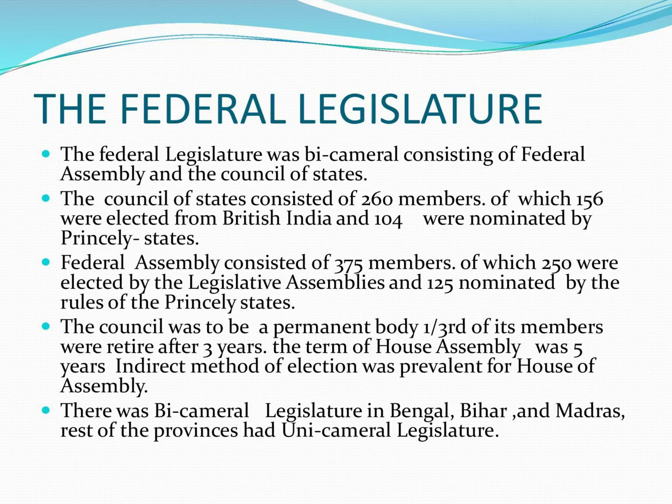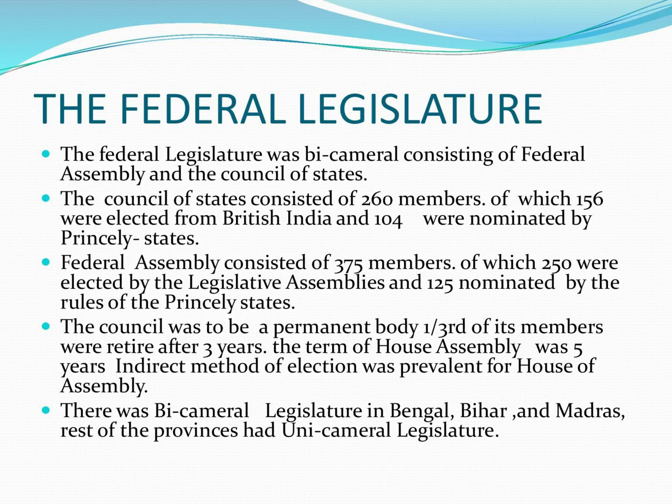So here this act laid down the functioning of these two houses: the Federal Assembly and the Council of State. The Council of State is permanent. Its term is not fixed, because one-third of the members retire after every 3 years, and the house functions with the remaining members.